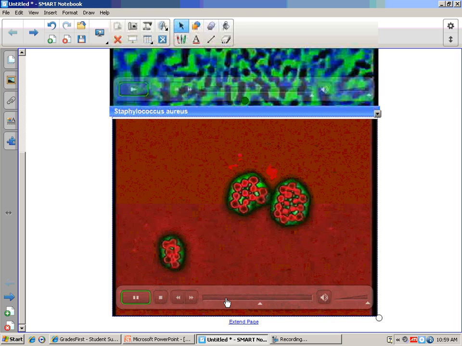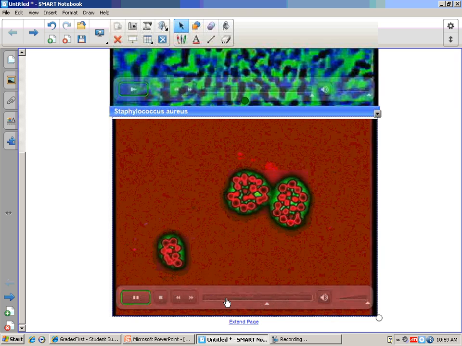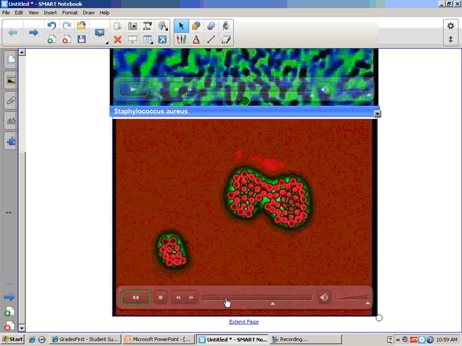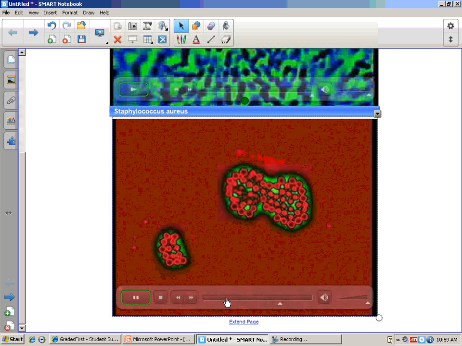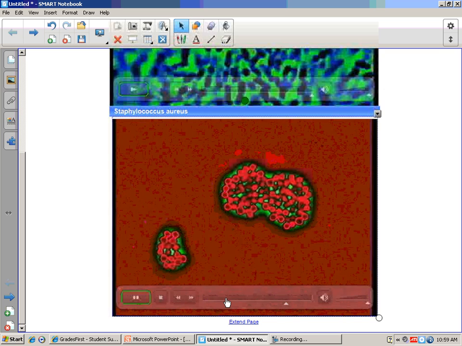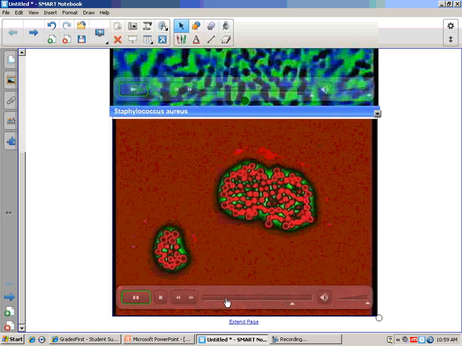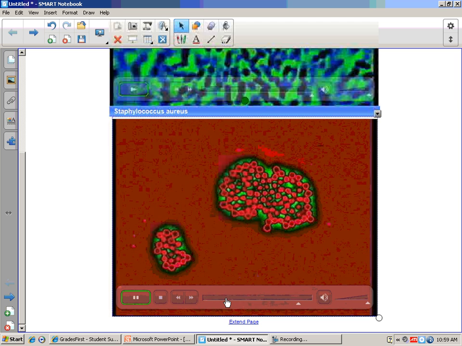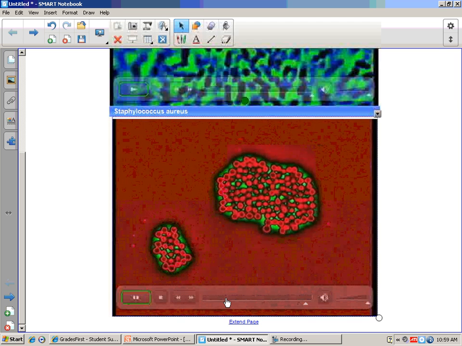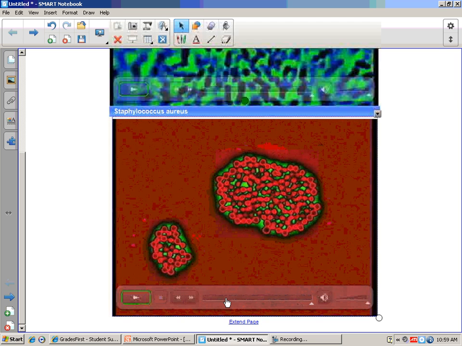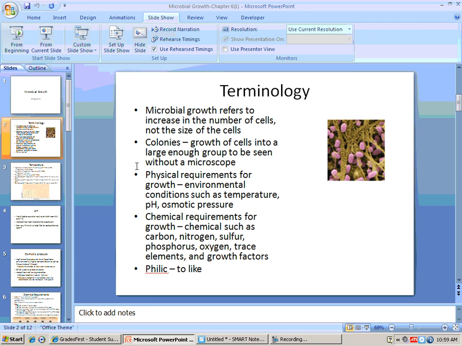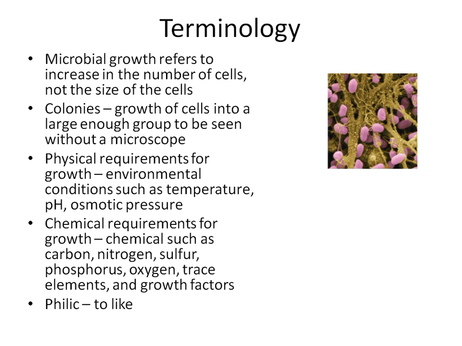It doesn't seem quite as impressive when you watch it, but if you think about if that's growing in a boil underneath your skin, it's growing pretty fast, right? That knot's just going to swell and swell and swell. And this is, again, about instead of an 8-hour time frame, you're looking at about a 12-hour time period when that video is occurring. Okay? So what's the point? Microbial growth is impressive.